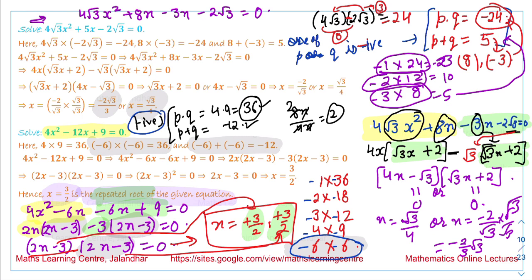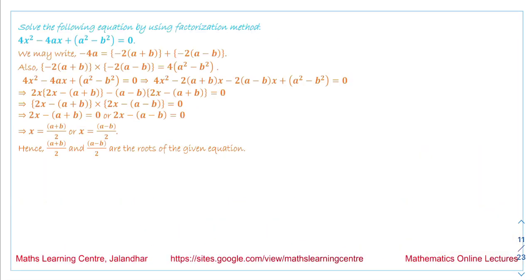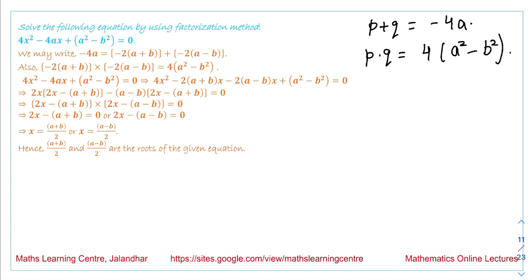Now next is to solve the following equation by using the factorization method. So the numbers we require are such that P plus Q should be equal to minus 4a, and P into Q should be equal to 4 into a square minus b square.